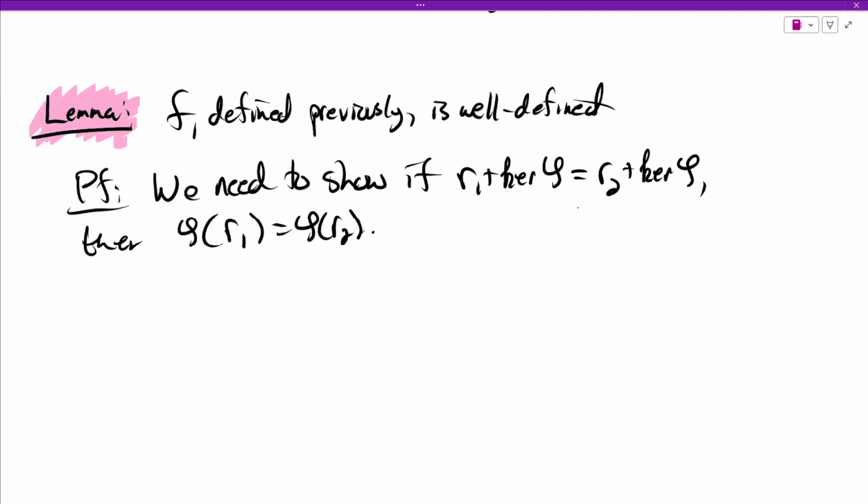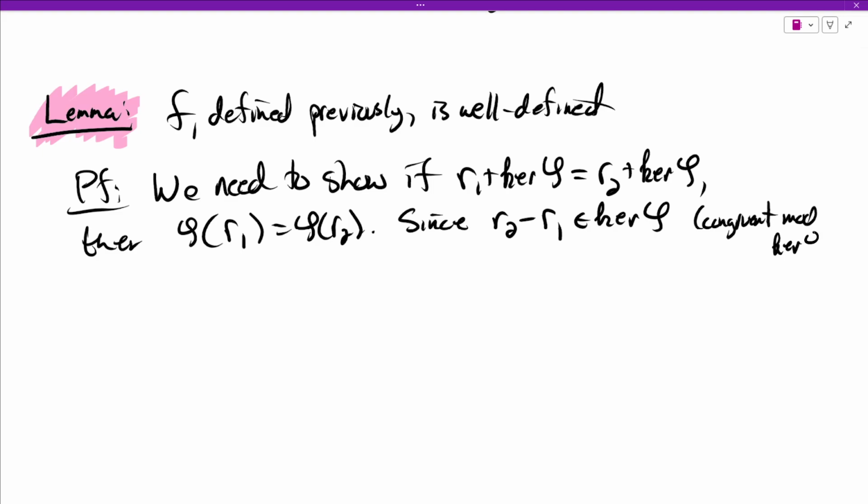So since the cosets are the same, what that means is R2 minus R1 is in the kernel. Namely, the cosets are the same, so they're congruent mod the kernel of phi. Again, the kernel of phi is always an ideal. And so their difference is in the kernel.